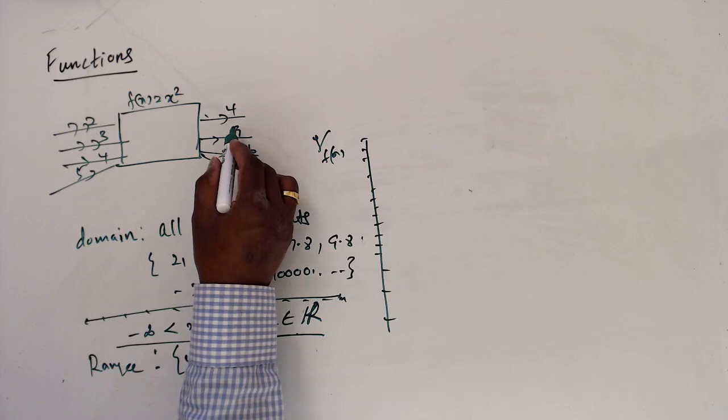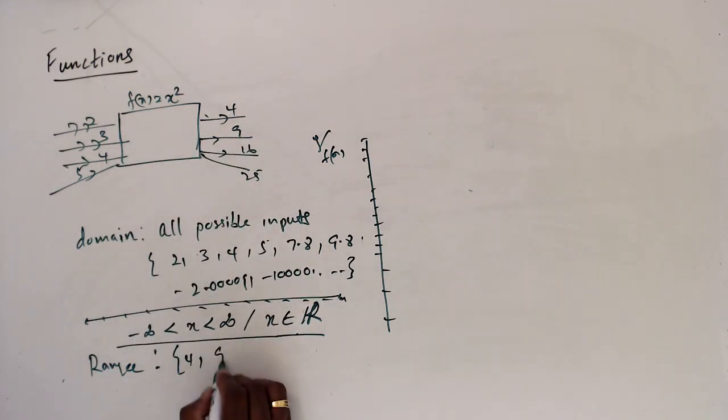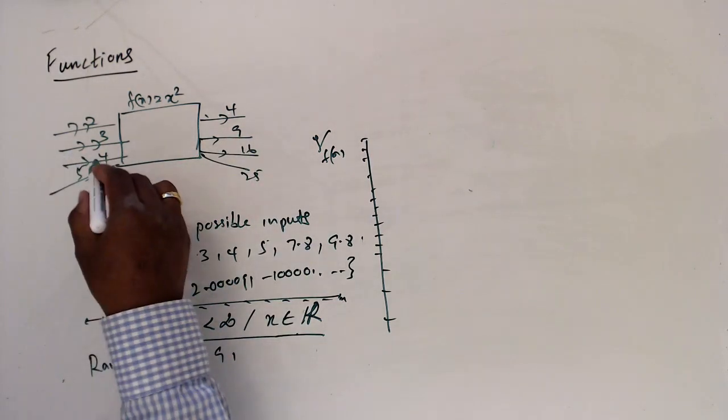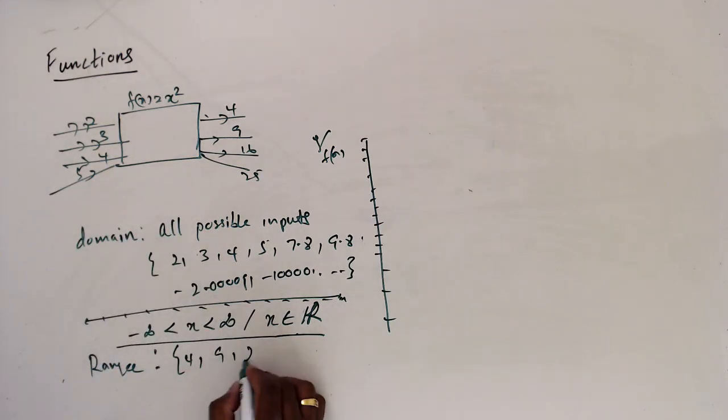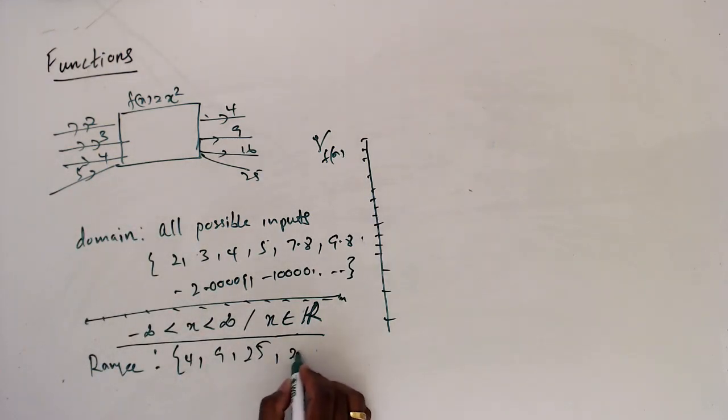When you put 3, you will get 9. When you put 5, we will get 25. If you put 2.5, then 2.5 squared, what is the number? 6.25, I believe. I'll write 6.25.